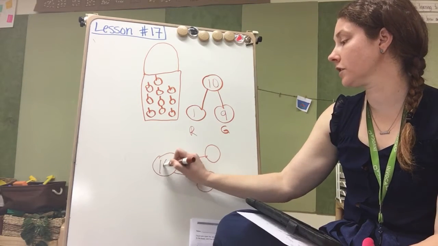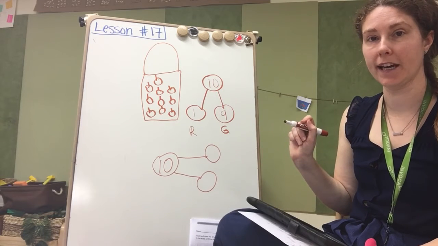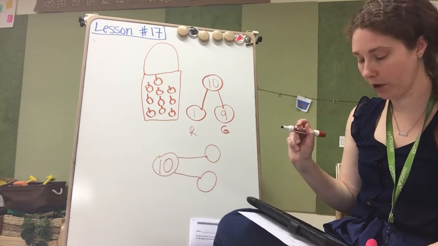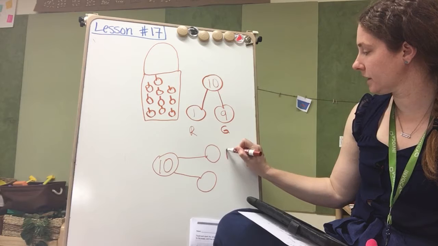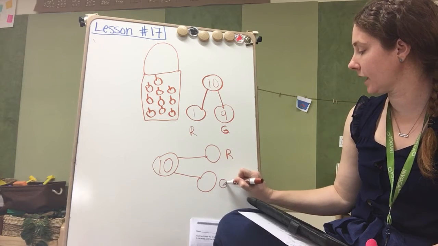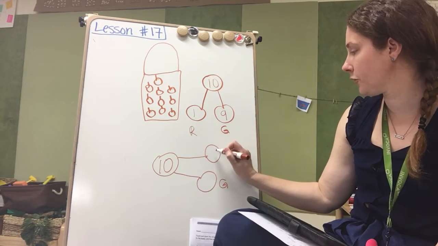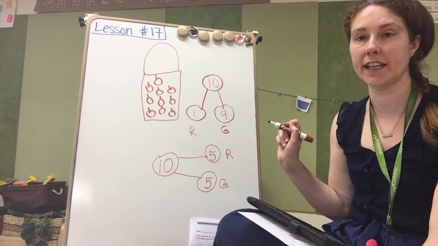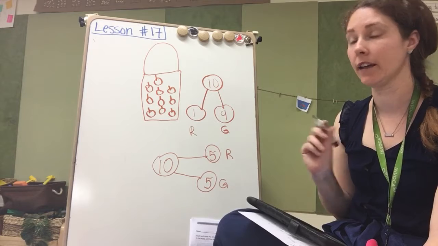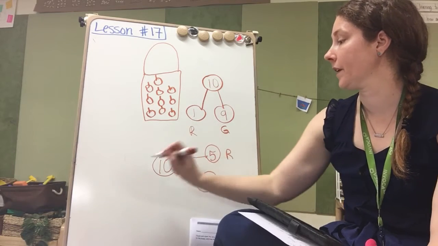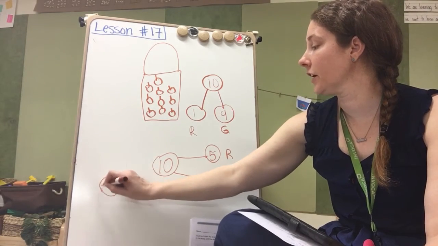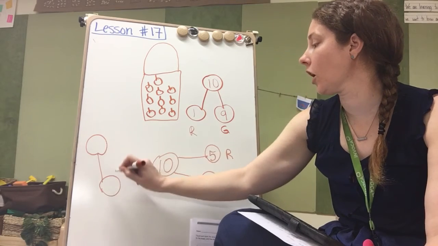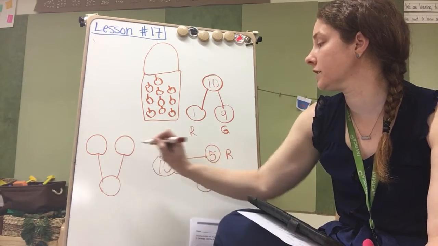So 10 apples stays the same, up on top. Now I'm going to make some red and some green. This time I'm going to do 5 red and 5 green. 50-50. Half red, half green. That's another possibility. As you notice, Miss Tracy's making her number bonds all different directions.